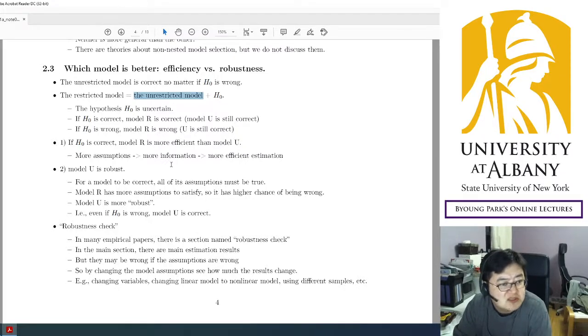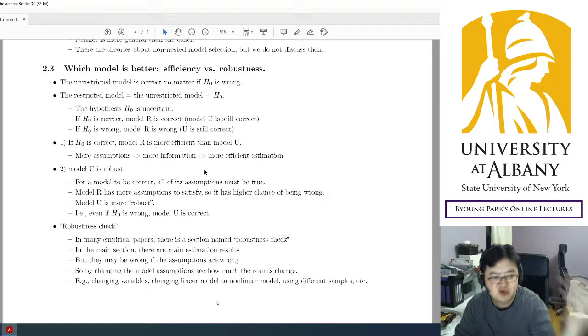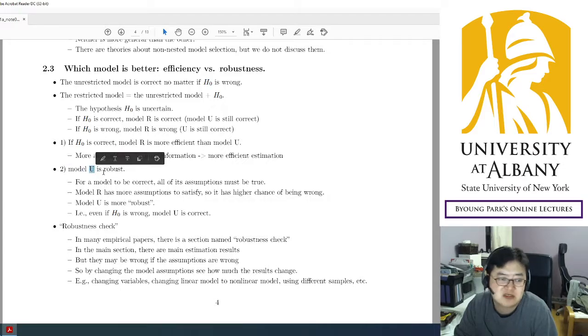So their comparison here is exactly what I explained. If the hypothesis is correct, the restricted model is more efficient because more assumptions, more information, more efficiency, or more accuracy. But on the other hand, the unrestricted model is robust.